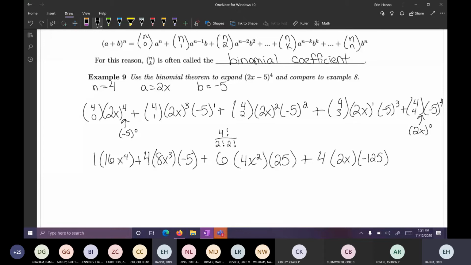And I actually don't know what -5 to the fourth is off the top of my head. 625, yeah. 4 choose 4 is 1. -5 to the fourth is 625.